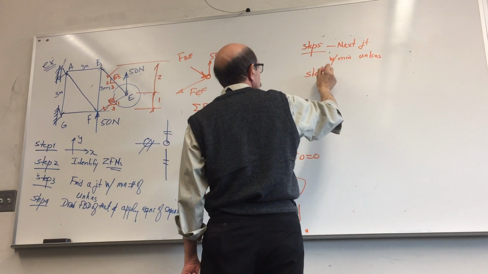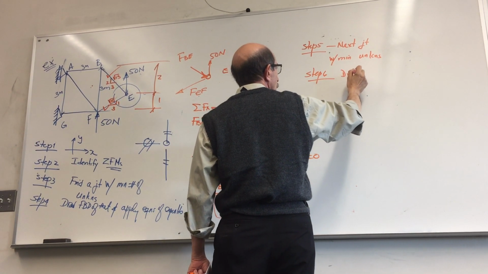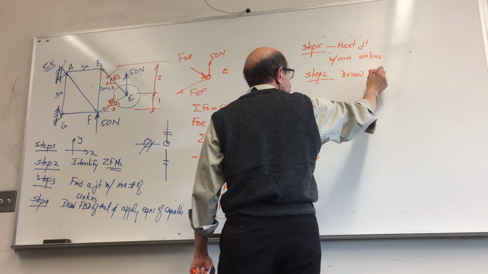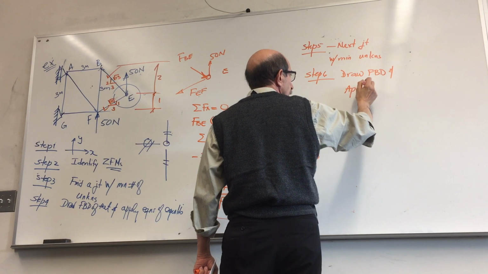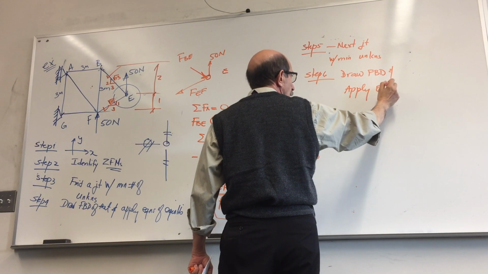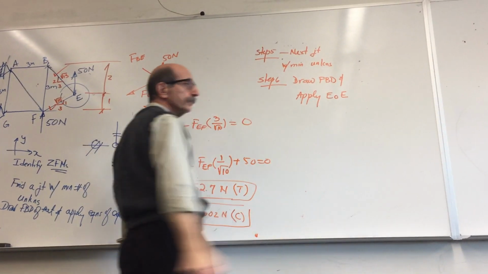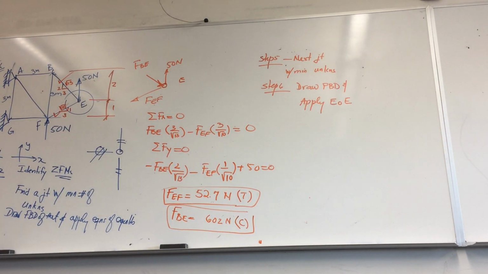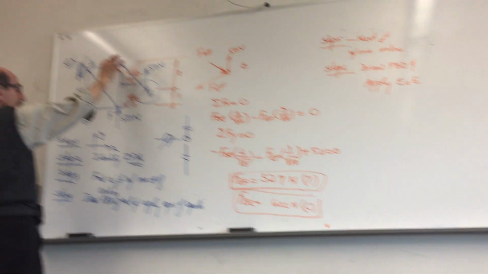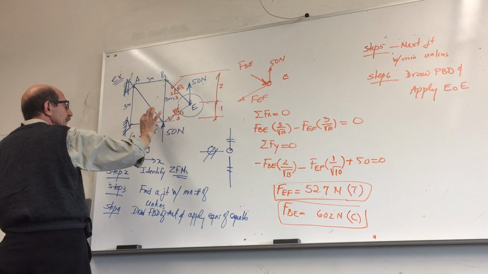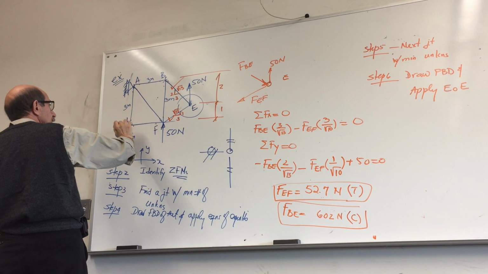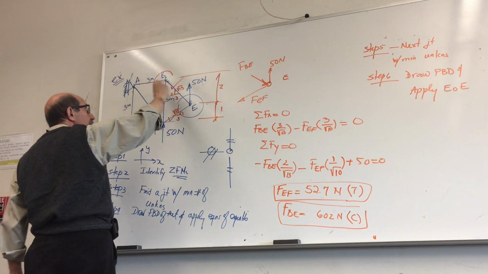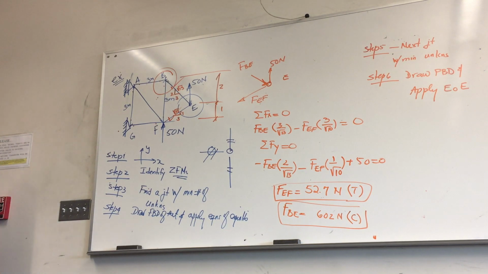Draw the free body diagram and apply again the equations of equilibrium and repeat the process. So now I have what? 2 unknowns here, 3 unknowns here, 4 unknowns here, 4 unknowns here. So the next one is obviously this one, right?